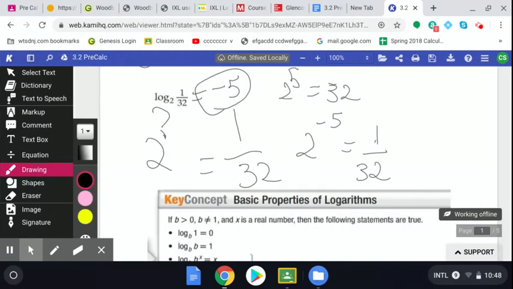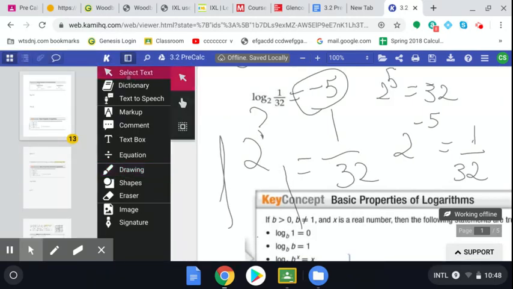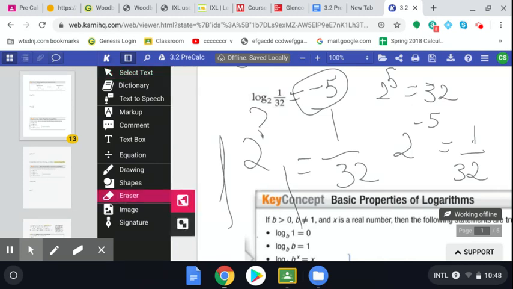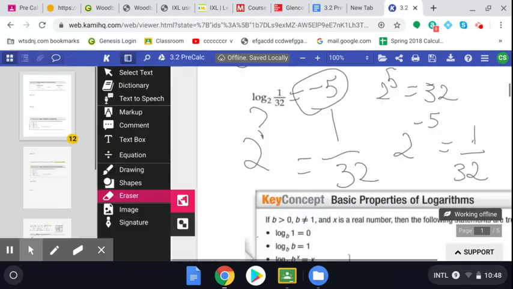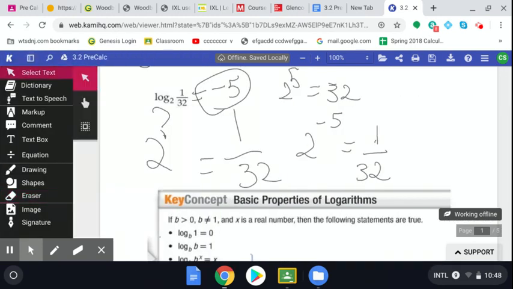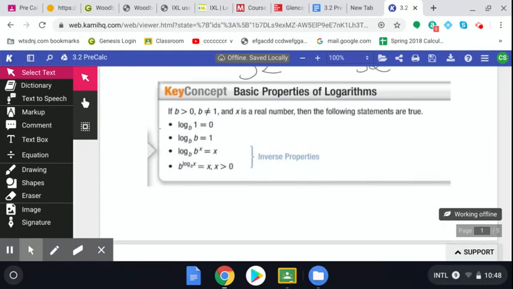Okay? So over here, you see some basic properties of logs.